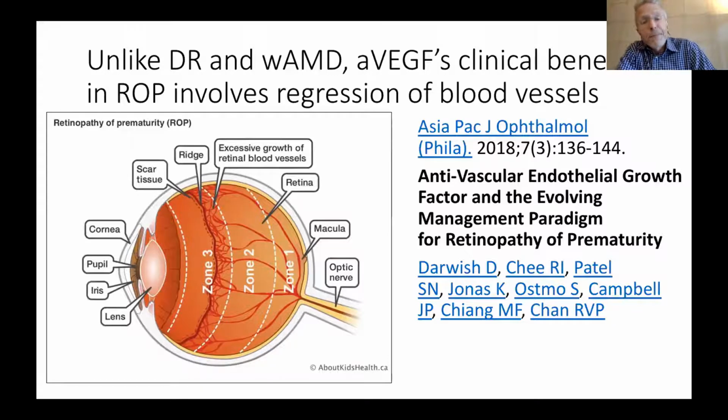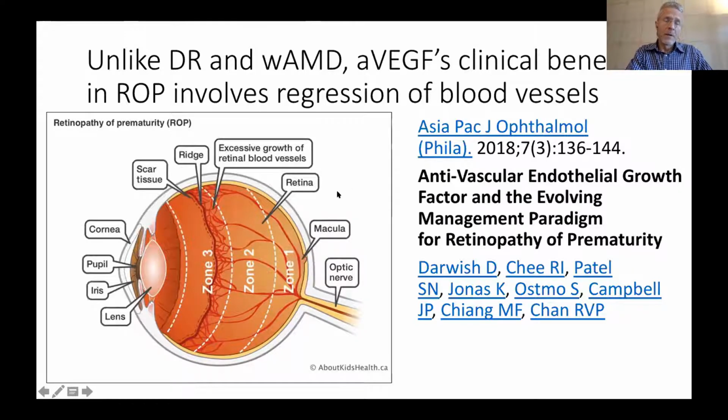Now, let's stop here for a minute and consider another eye disease for which anti-VEGF is being tested but has not yet been approved because those studies are not complete, so those decisions cannot yet be made. But unlike diabetic retinopathy and wet AMD, anti-VEGF's clinical benefit in retinopathy of prematurity involves the regression of blood vessels.